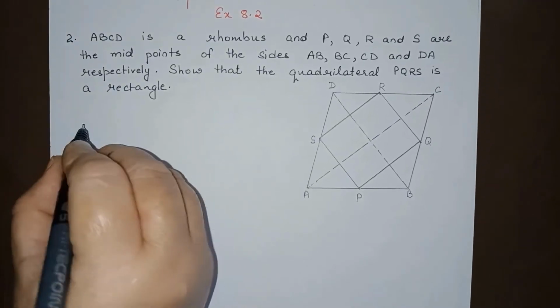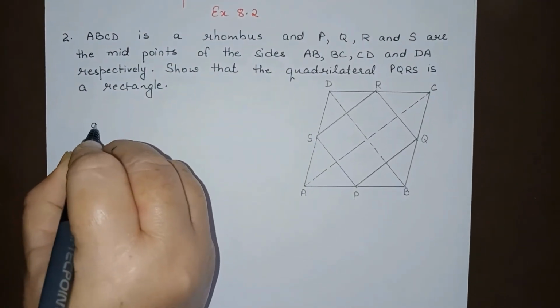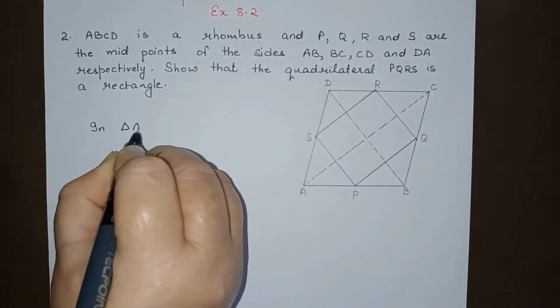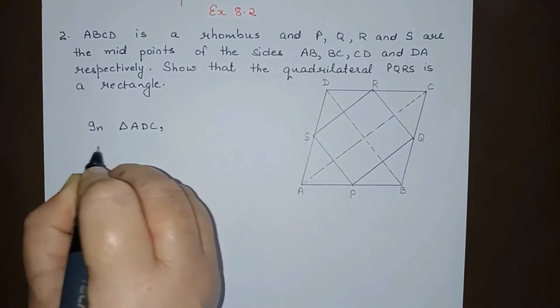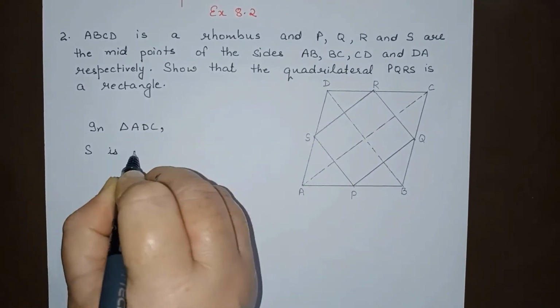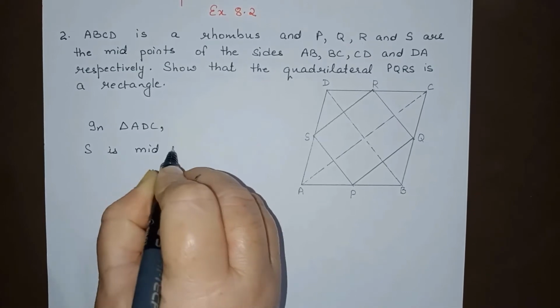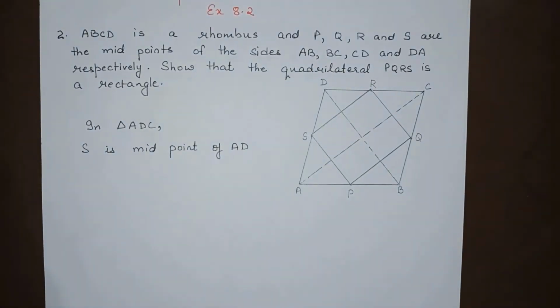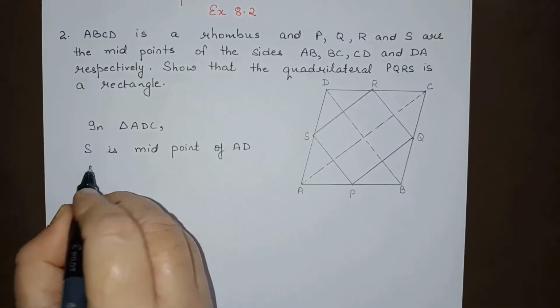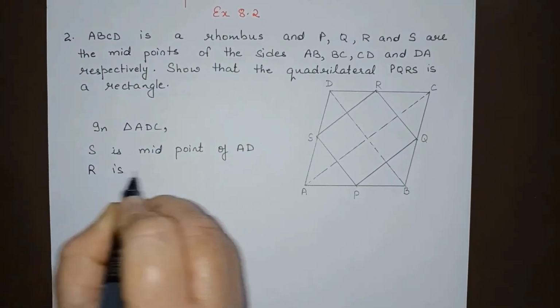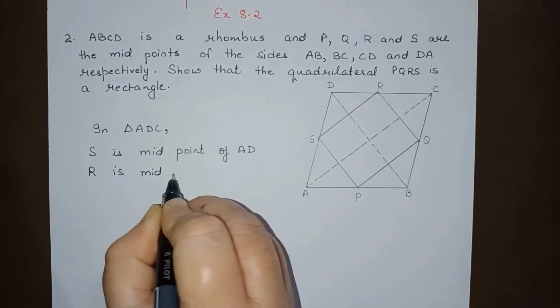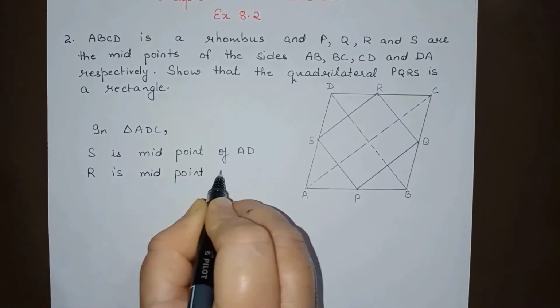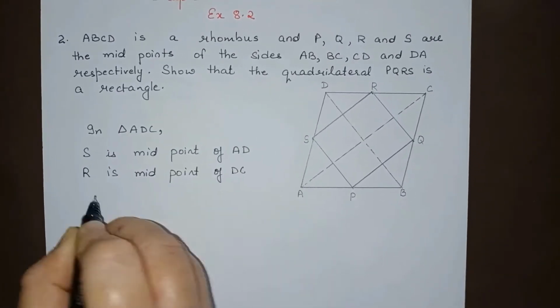So let us start. So we will start with in triangle ADC, S is midpoint of AD, R is midpoint of DC.